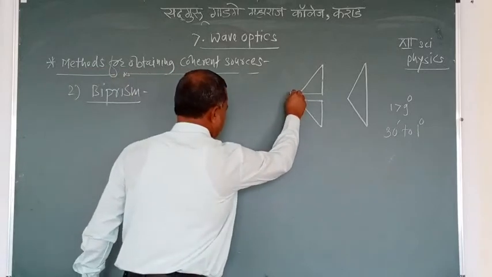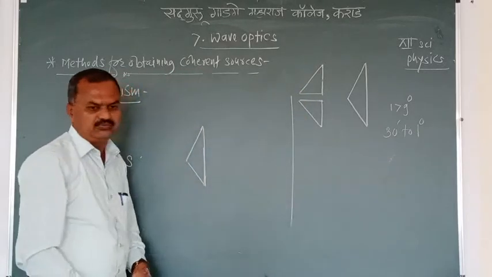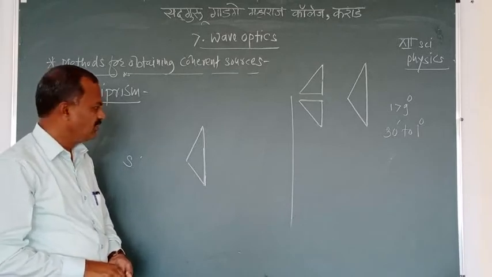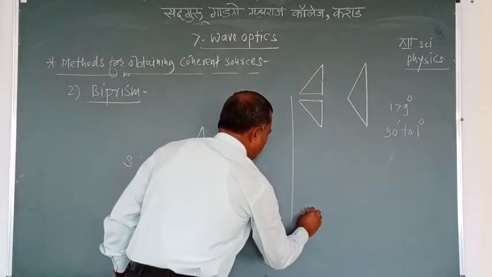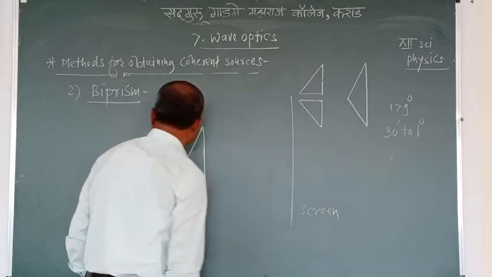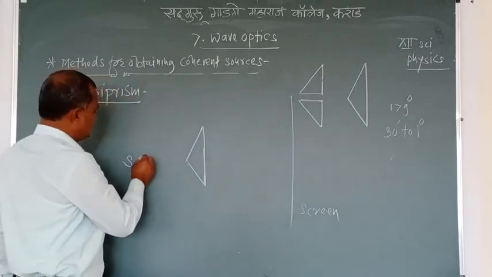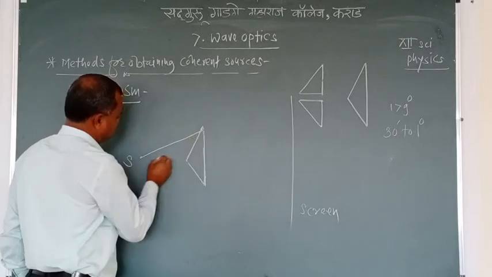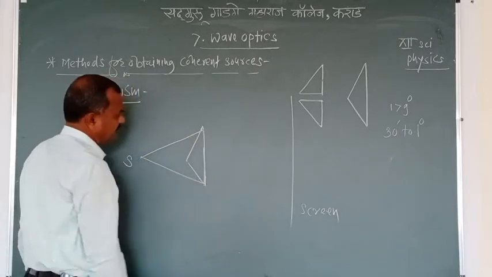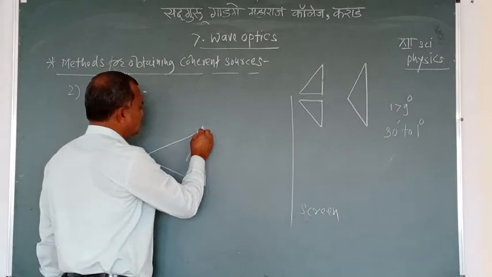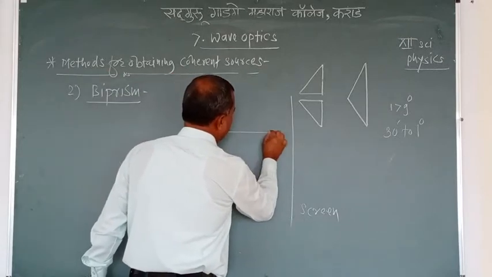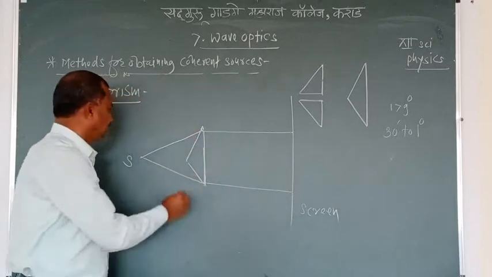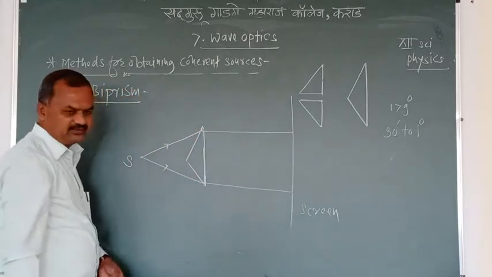Suppose this is the screen on which we observe a steady interference pattern. Light from source S is allowed to fall on the biprism like this. Light after refraction through the prism is incident on the screen in this way.